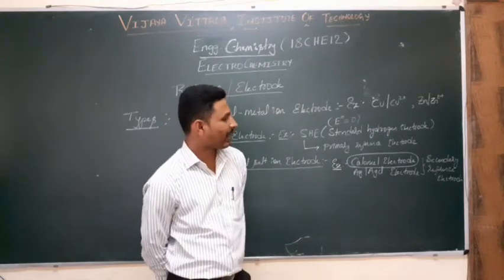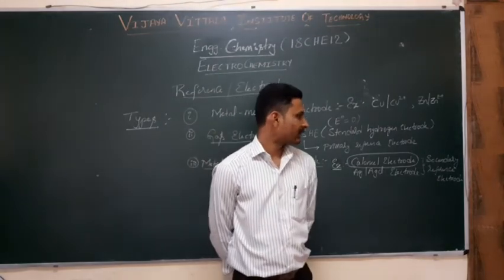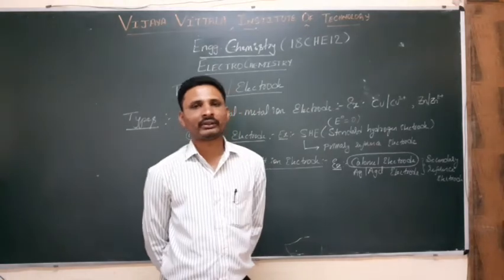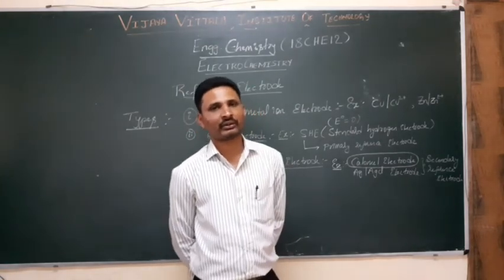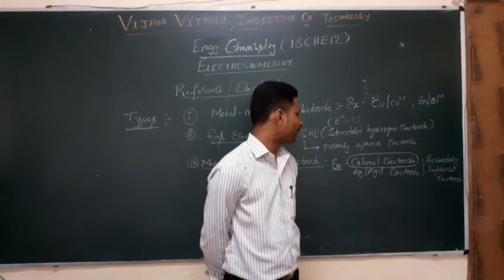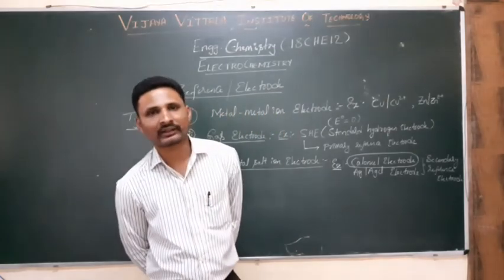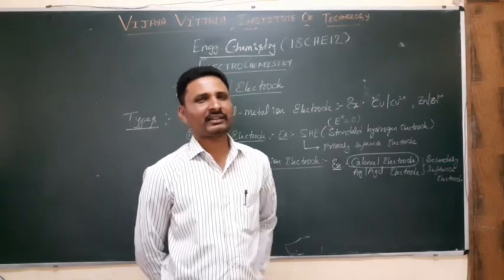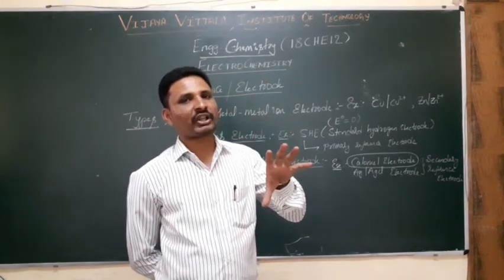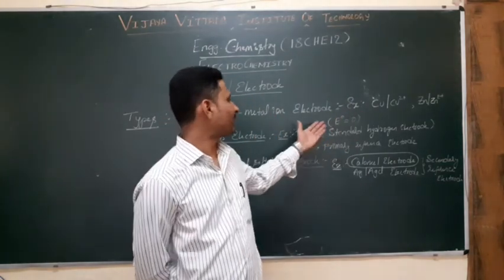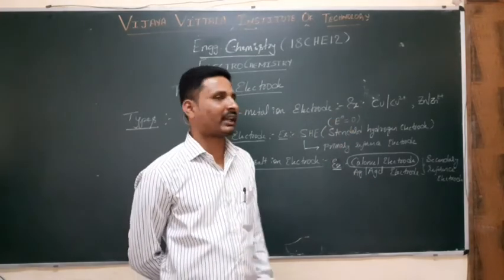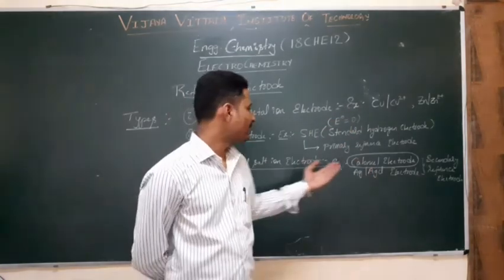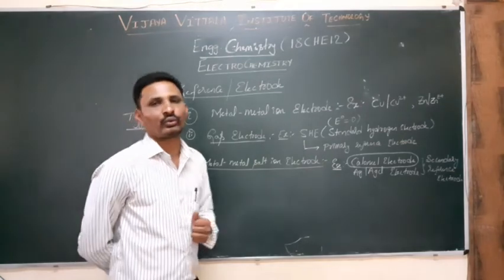Even in the engineering chemistry practical, there is one experiment in which we use the calomel electrode as a secondary reference electrode. That means it has an electrode potential with respect to the standard hydrogen electrode. That is a metal salt ion electrode.